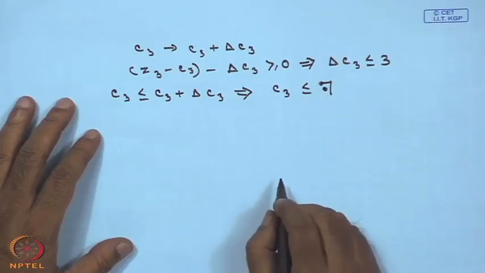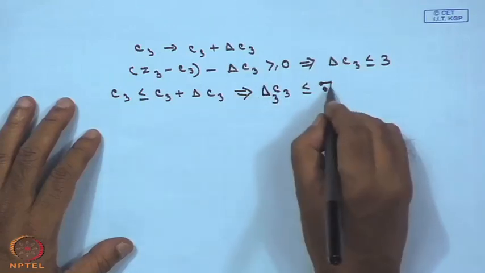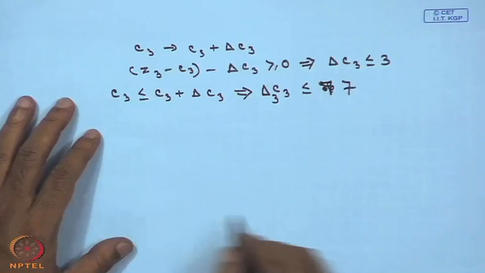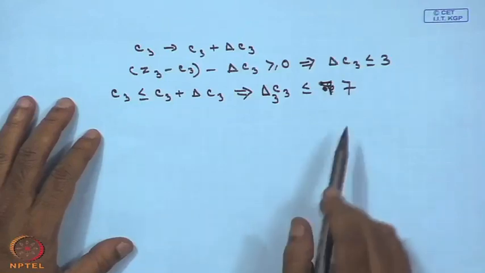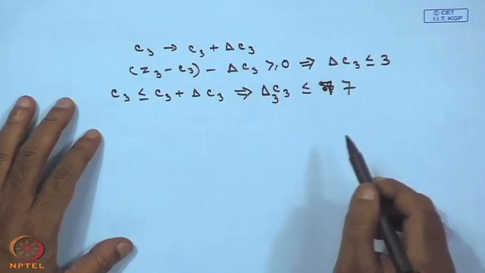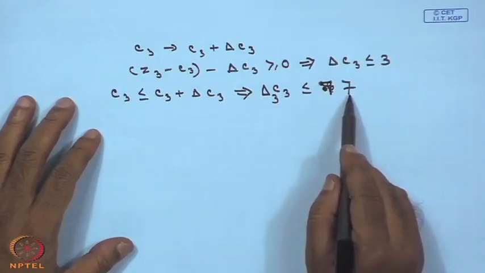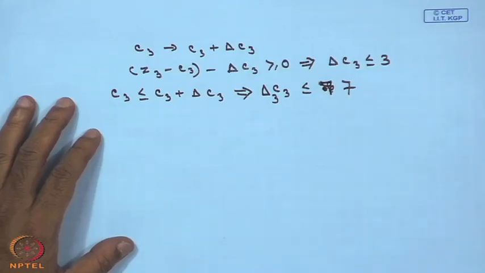Sorry, delta C 3 is less than or equal to 7. Therefore, as long as your new value is less than or equal to 7, your optimality condition will not change, but the profit will be increasing.